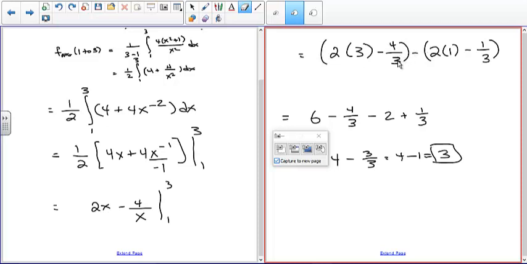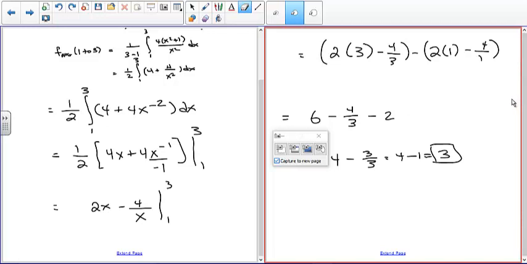Okay, so let's try. So, yeah, it's 4/3. And that's the wrong part right there, right? So it's going to be 4/1. Right, there we go. Okay, so let's fix that. So that's going to be minus 4, or plus 4.